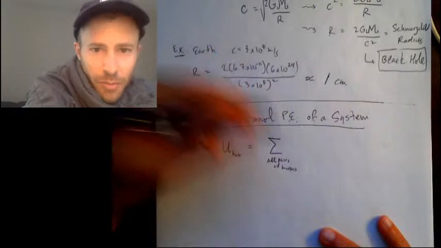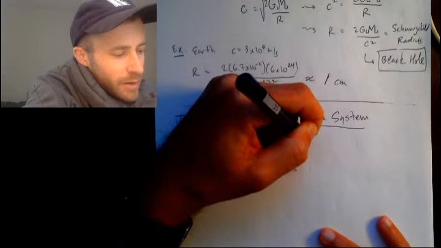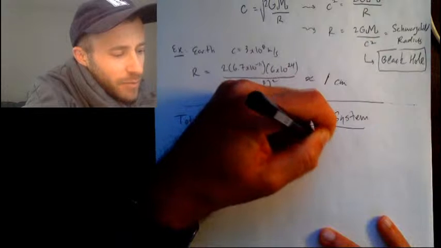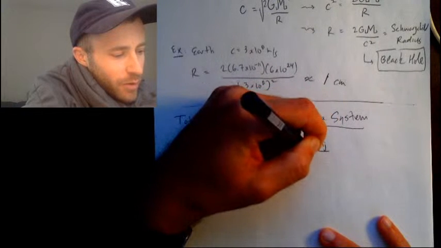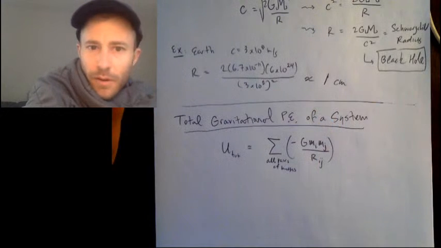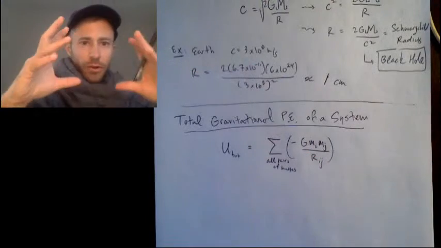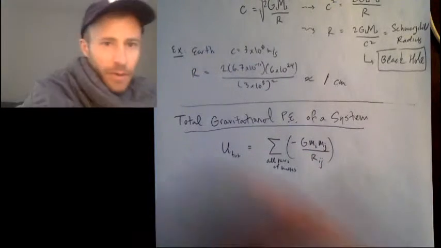And when we sum over the pairs of masses, we sum negative big G m_i m_j over r_ij. So we're using the formula for gravitational potential energy, and we have one term for each pair.